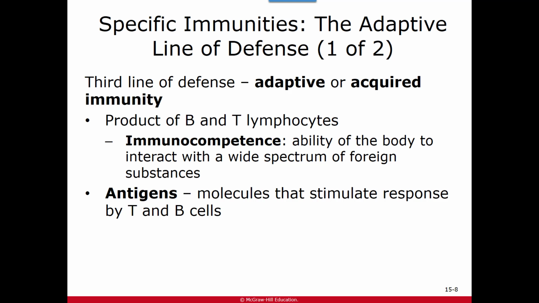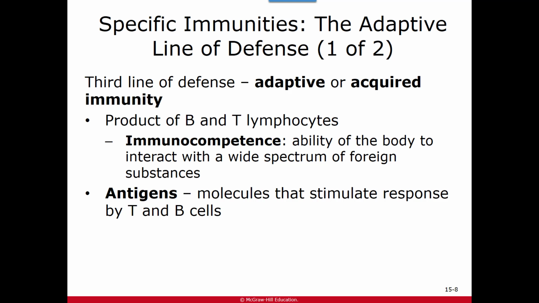So, starting off the chapter, just a little bit about what the third line of defense is. It's sometimes also called adaptive immunity or acquired immunity, and it's anything that has to do with your B lymphocytes or T lymphocytes, your B cells and T cells. And again, it's the fact that these cells can recognize millions, if not billions, of different types of foreign molecules that could get in the body.